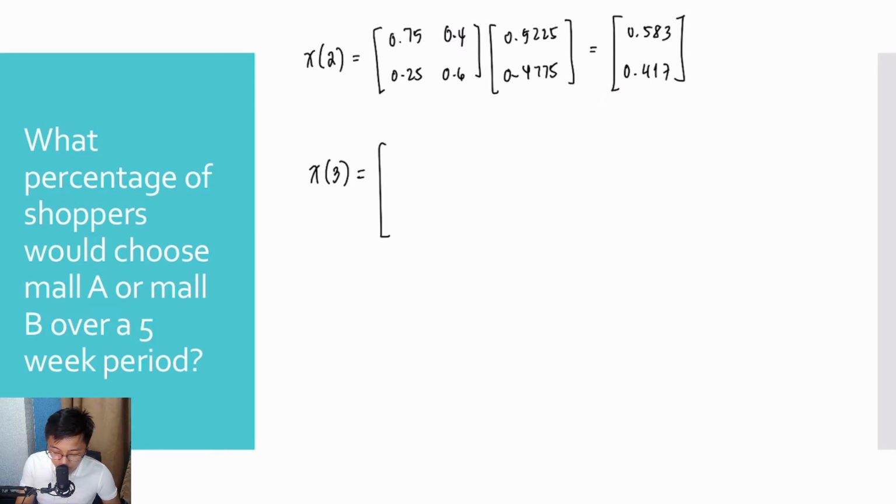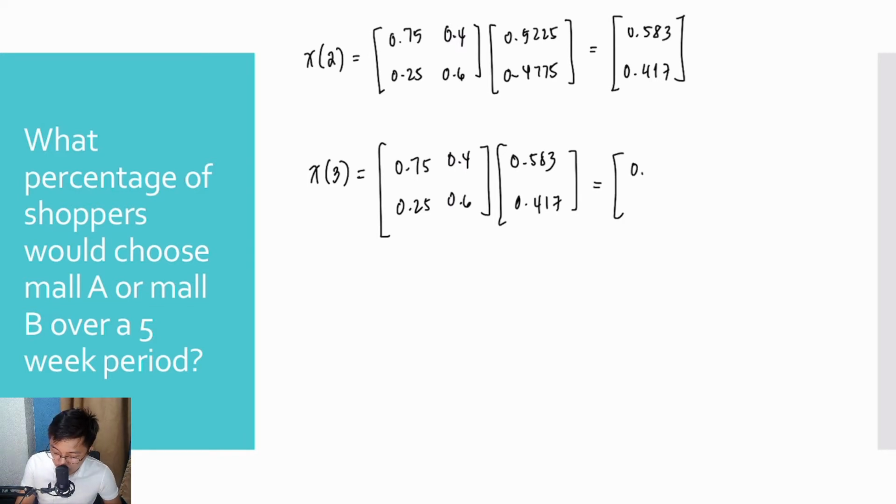Proceeding, we will have x of 3. For x of 3, we will now use the previous state vector, which is x of 2, or the earlier result, which is this one. And we will get, using a calculator, 0.604, 0.396.